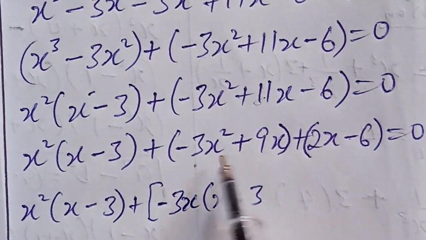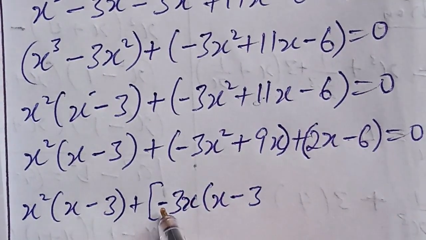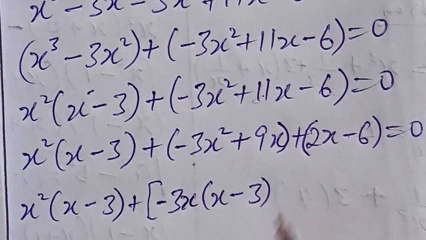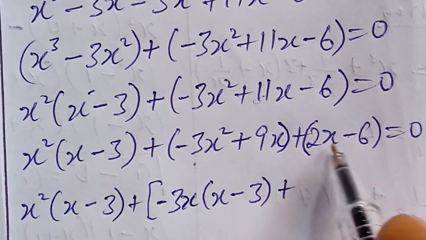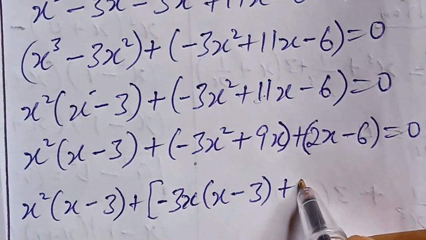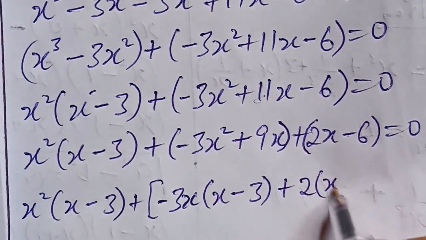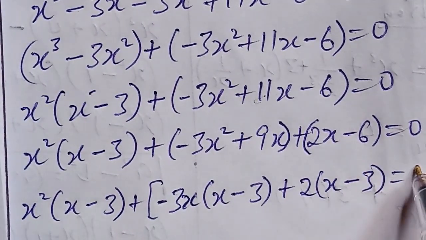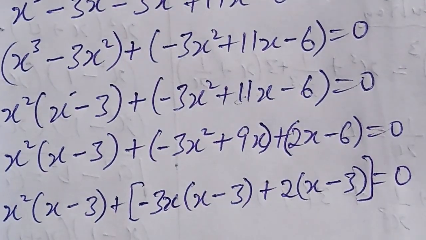If we group this, then we can factor out minus 3x from this part. So we now have plus, over here we can as well factor out 2. If we factor out 2 from here, we have bracket x minus 3, then close the bracket, equal to 0.